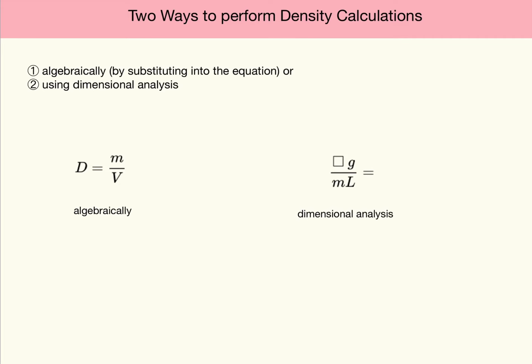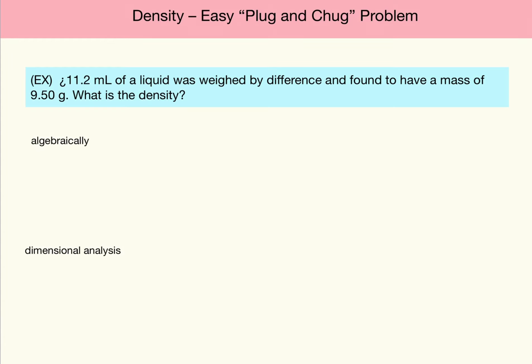So let's look at a simple example and a typical example. Here's an easy one. 11.2 milliliters of a liquid was weighed by difference and found to have a mass of 9.50 grams. What is the density? To solve this algebraically, you merely need the formula. And this is an easy one. Why? Because it gives us volume, it gives us mass, and what we're looking for is already isolated.